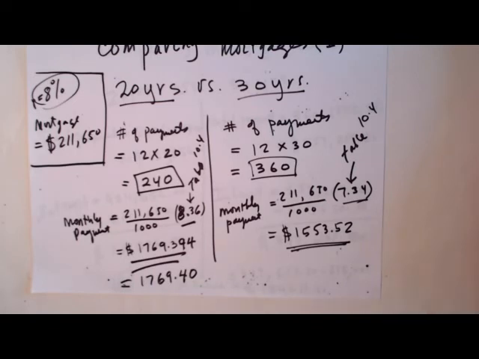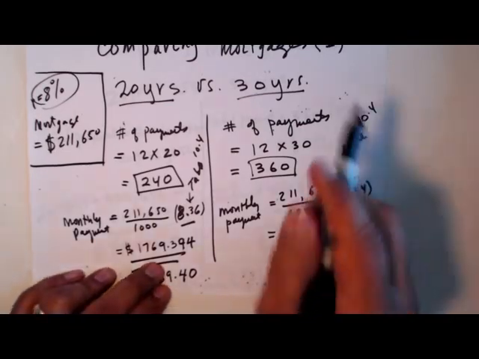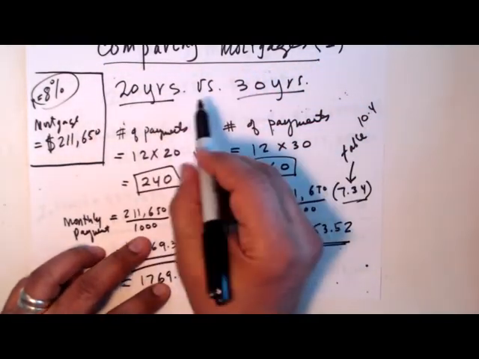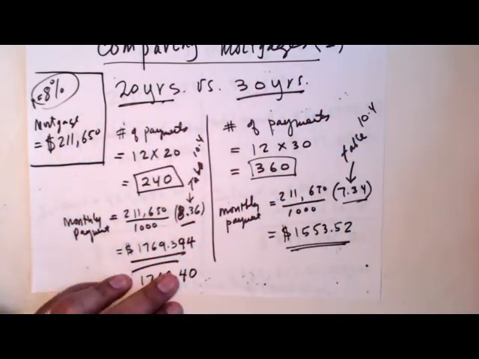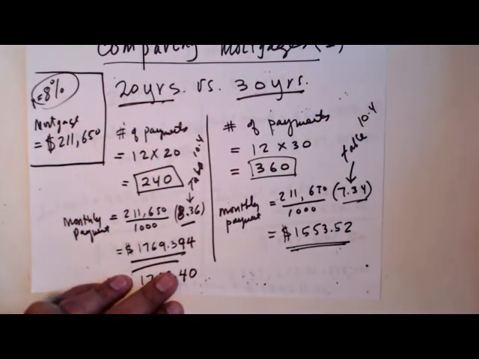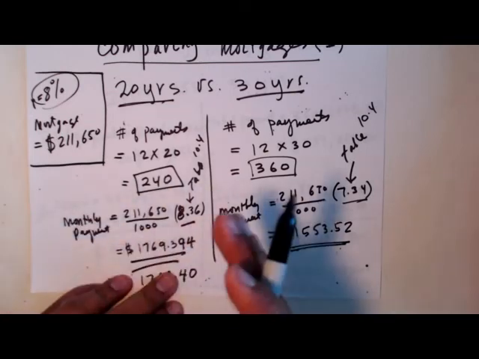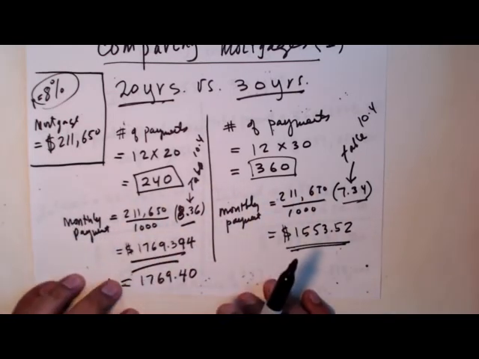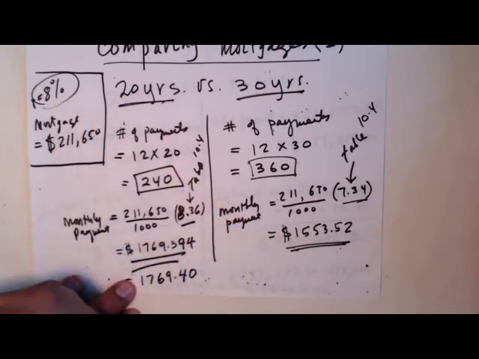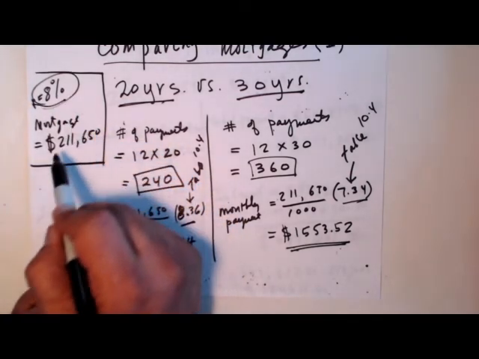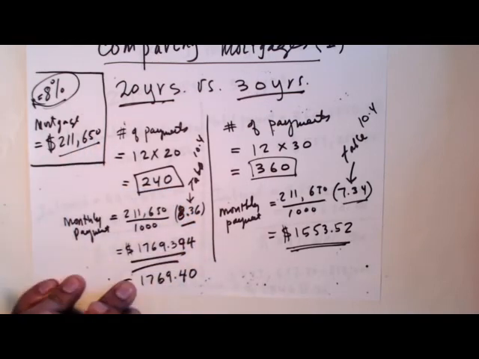Moving along, it's always good to compare the difference between buying a house on a 20-year mortgage or a 30-year mortgage or a 15-year mortgage and so on. The idea is for you to get a comparison to see what the numbers tell you, for example, for the same product that we have been working on at 8% with this amount of money borrowed for the mortgage.